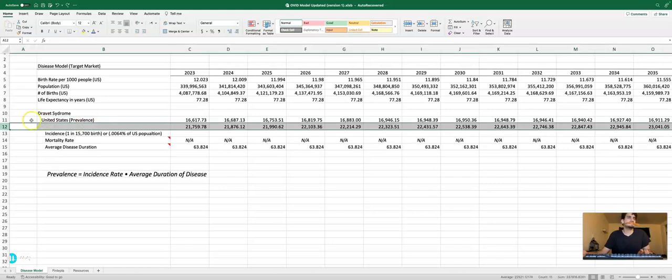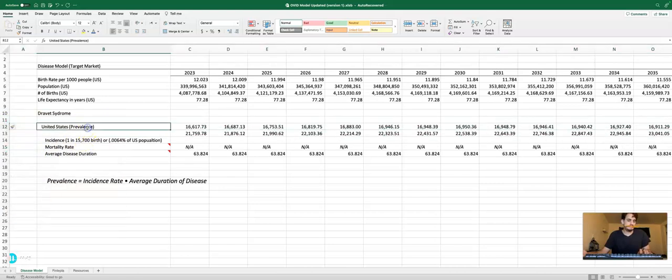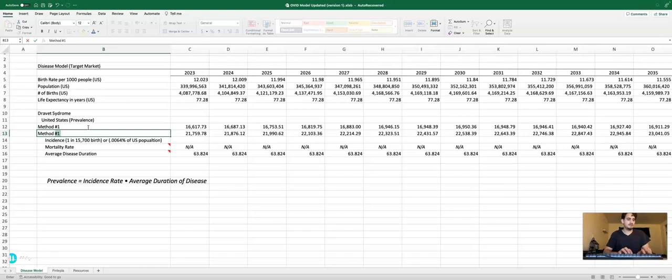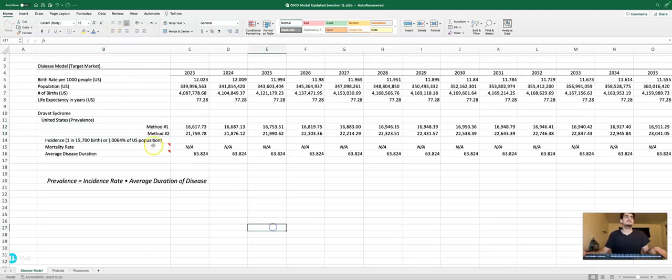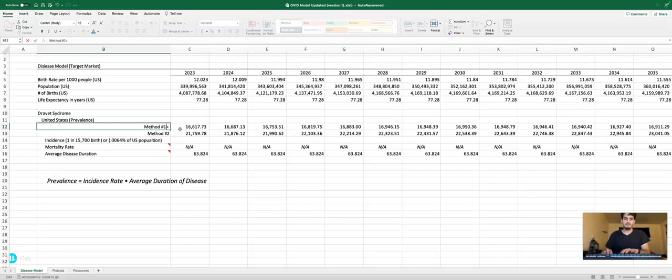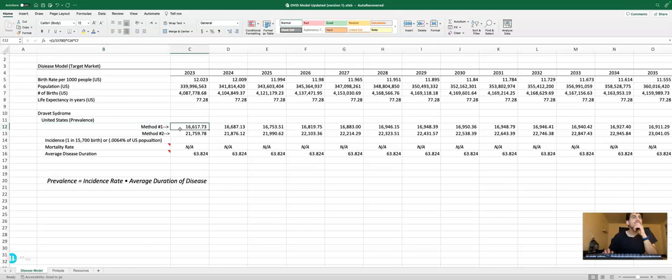And then, oh sorry, let me go like this, insert. Let me go method number 1, method number 2 for calculating this stuff, which is not easy. So these are two different methods.